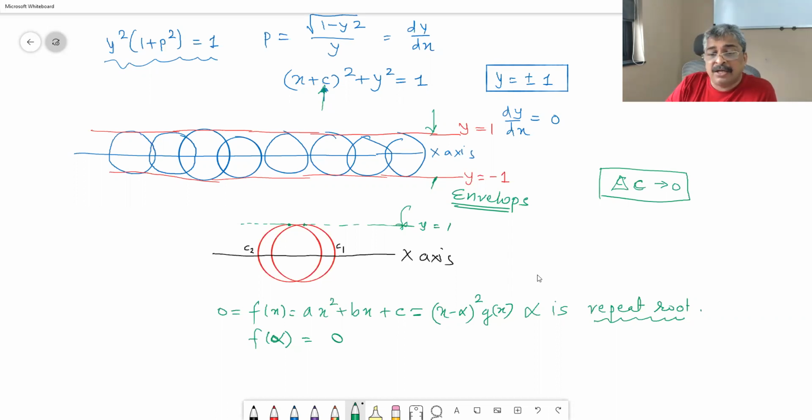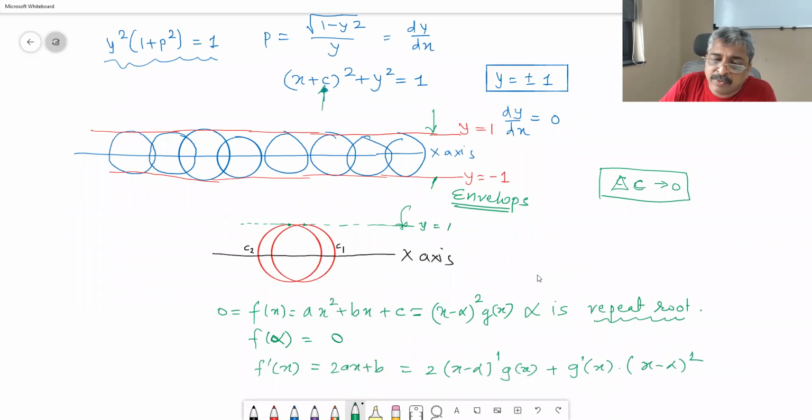But having learned differential calculus, I just take f dash of x. Here it is 2ax plus b, but in factored form it is 2 into x minus alpha raised to 1, this is the derivative, into g of x, plus g dash of x into x minus alpha whole square.